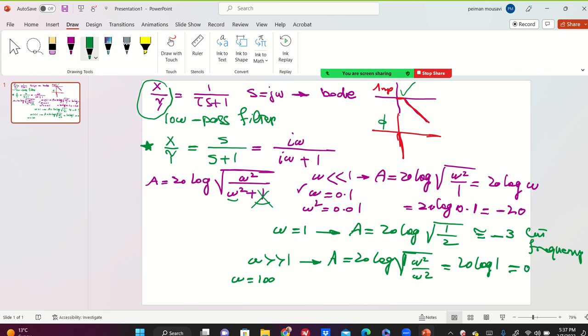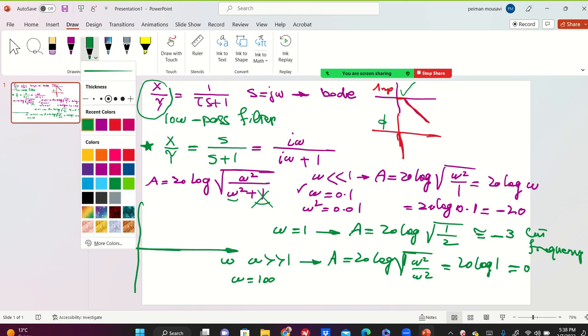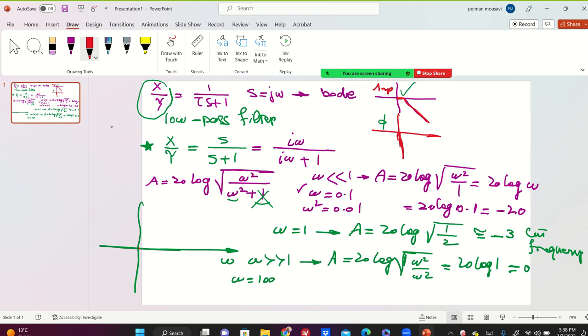So if I want to plot it in the Bode plot, excitation frequency for the first order system, here is 10 to the power of minus 1, which is 0.1, 10 to the power of 0, 10 to the power of 1, 10 to the power of 2. Oh, sorry guys, I made a mistake.